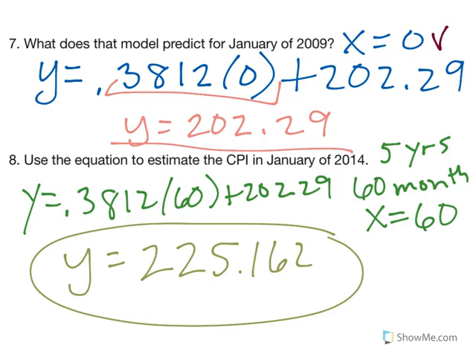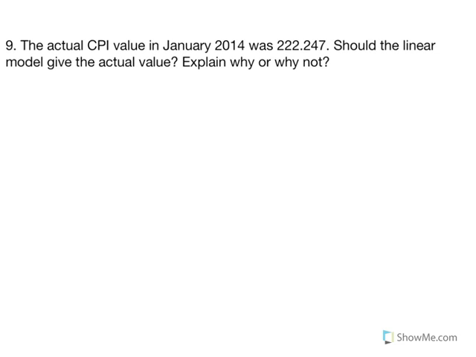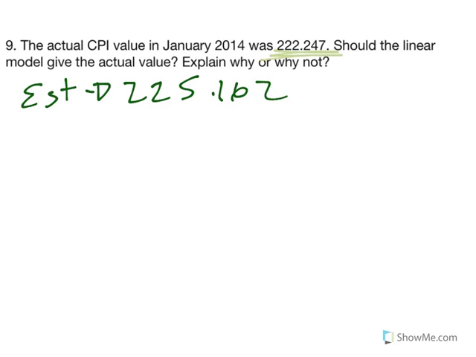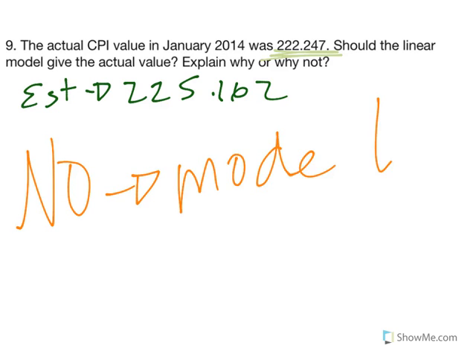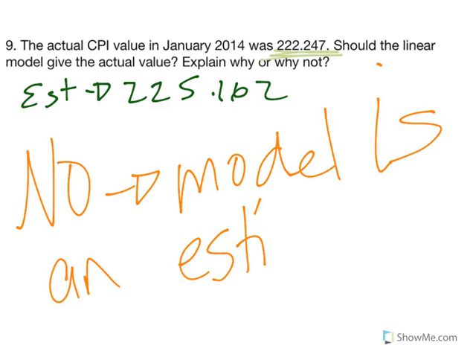And the actual CPI in January of 2014 was 222.247. Our estimate was 225.162. So should the linear model give the actual value? Hopefully it's pretty clear and you quickly say no, because the model is an estimate.